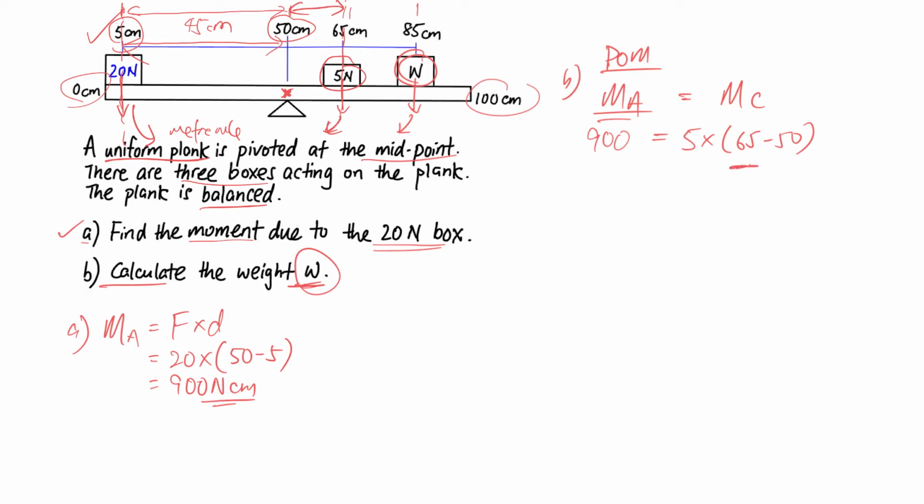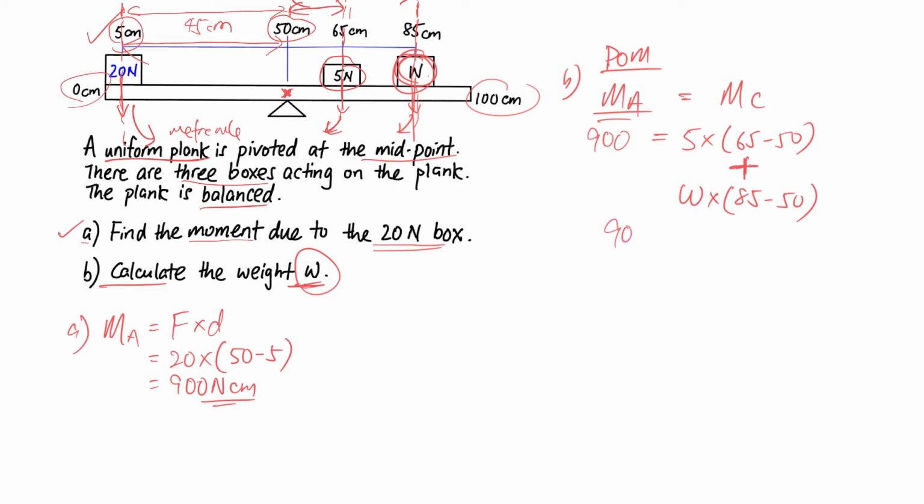And because it's a sum, I'll just write below. Now let's deal with W times the perpendicular distance. This is at the 85 cm mark, so from the line of action of the force all the way to the pivot, the distance that I should be looking at is 85 minus 50, so that will be 35 cm.